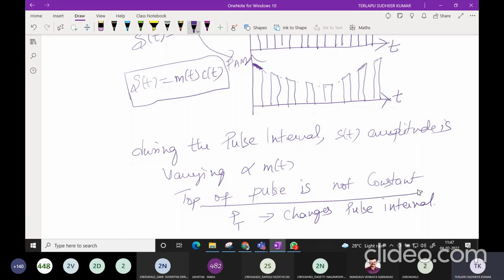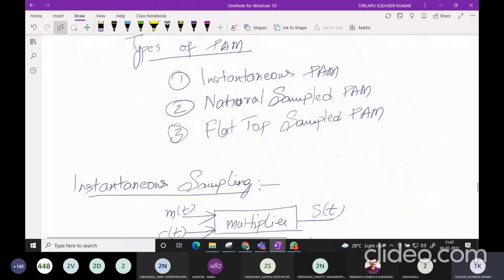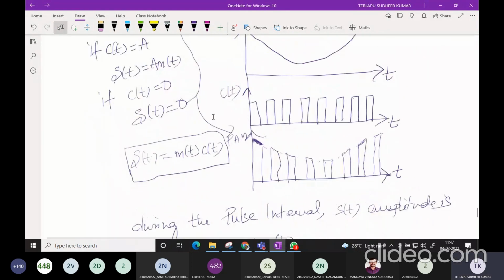Anyway, we'll get back to that point a little later, because that will be the input for the third type of PAM, what we call flat top sampled PAM.